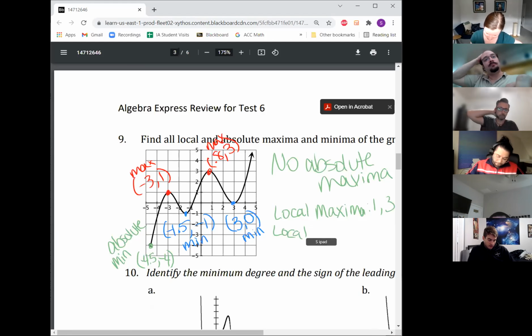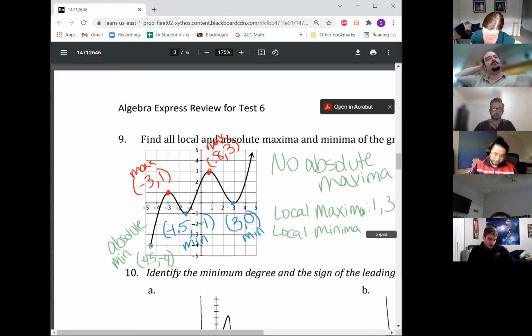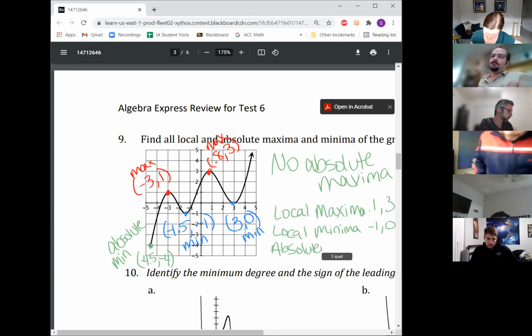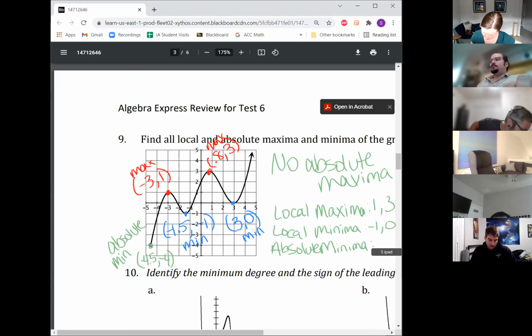Yeah, you're not the only one. I was so upset. Local minima would be -1 and 0. And then absolute, if you wanted to write it this way also. Absolute minima would be -4, and then there's no absolute maximum. Okay. So that's another way to do it.